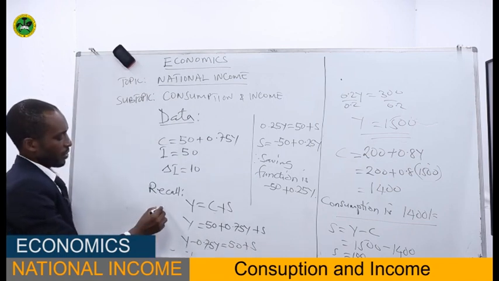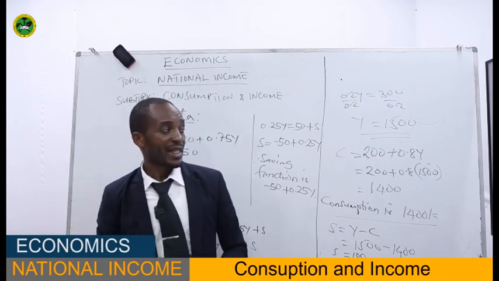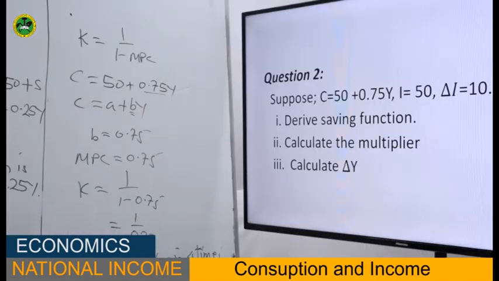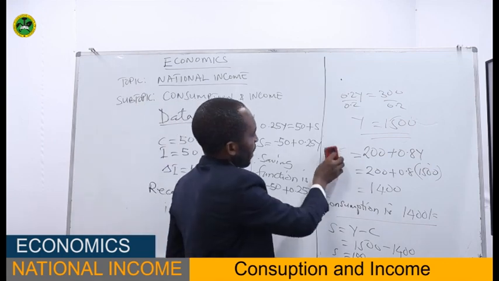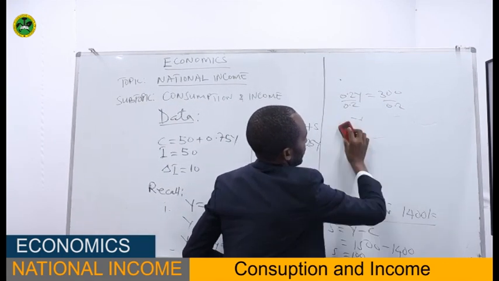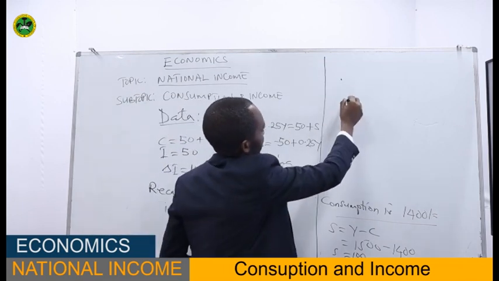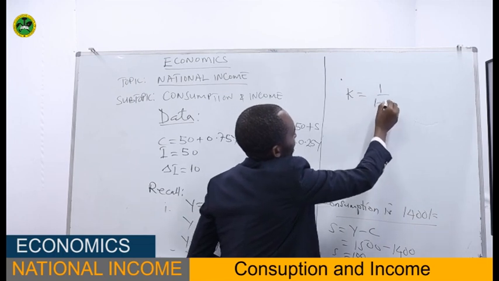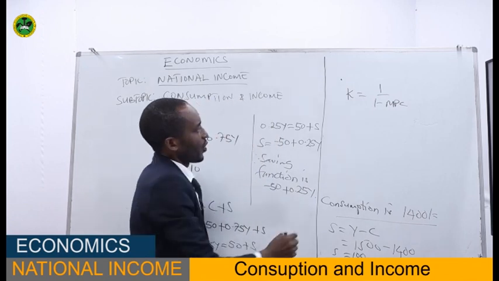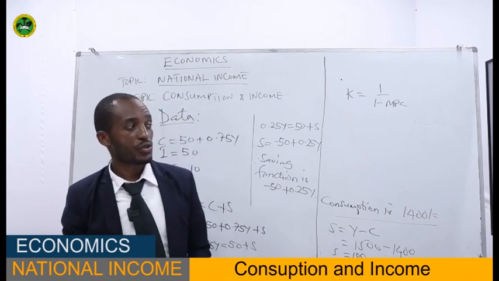So this was for Roman 1. And in Roman 2, we are asked to calculate the multiplier. We know from our derivation that the multiplier, which is k, equals 1 over 1 minus MPC, where MPC is the marginal propensity to consume.